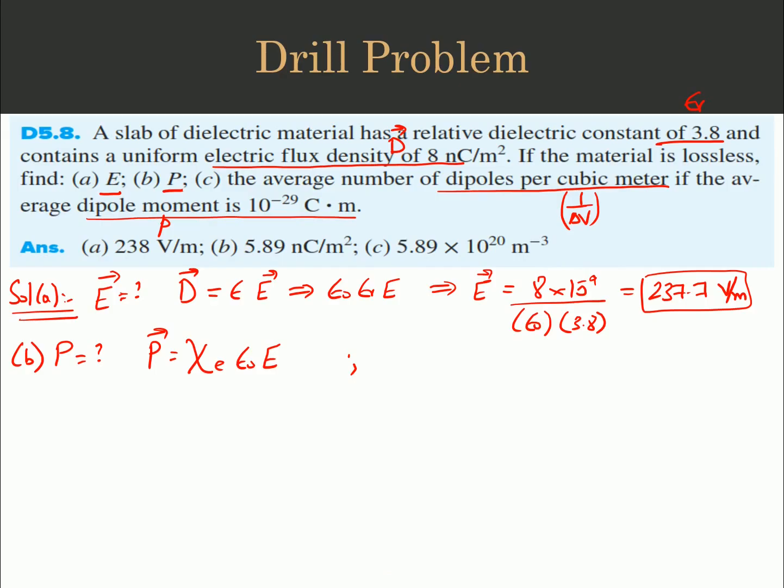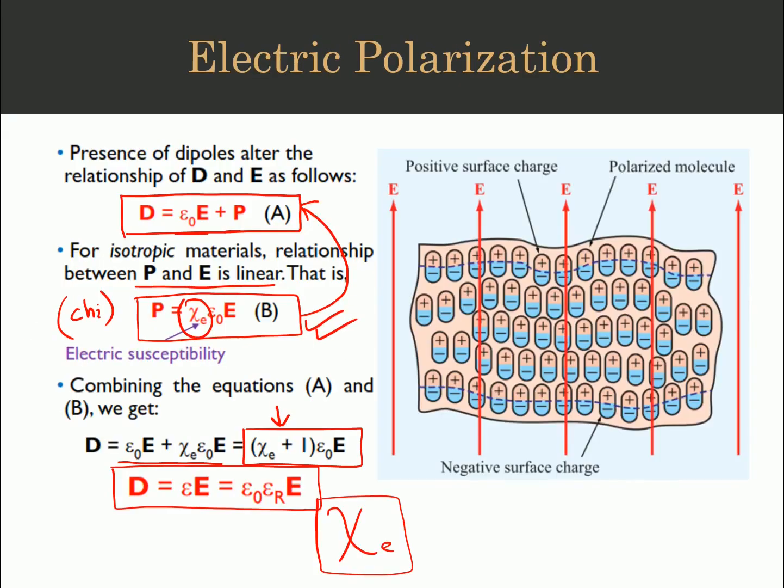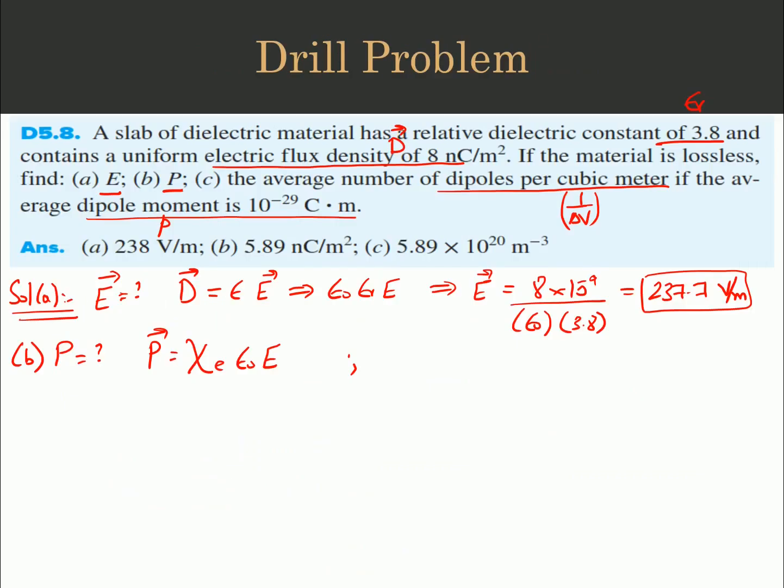Chi, we can find it from, if you go back, this is what we can use. So we can say that the relative permittivity is equal to chi plus 1, because εr is given to us. Then the value of chi is equal to εr minus 1. This is 3.8 minus 1, it is going to be 2.8.